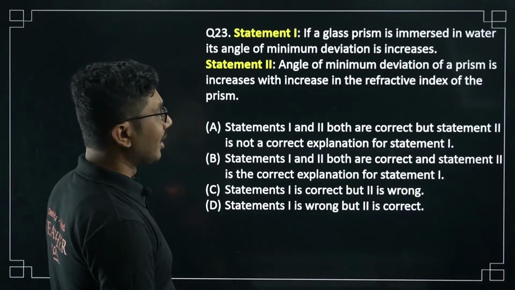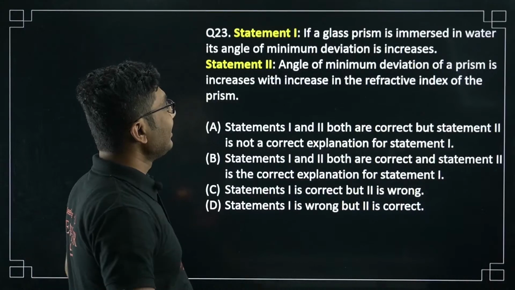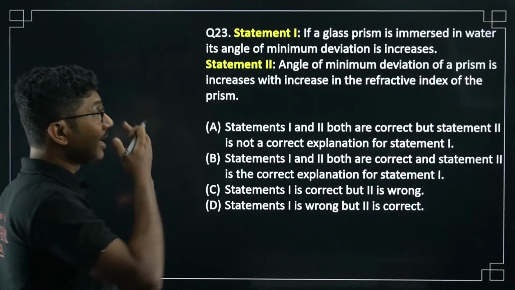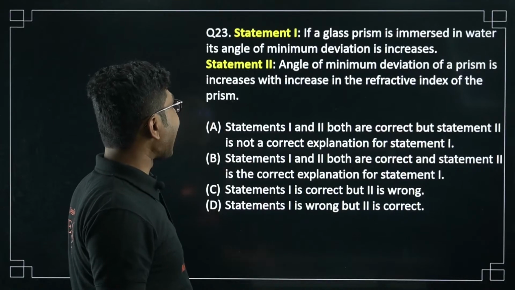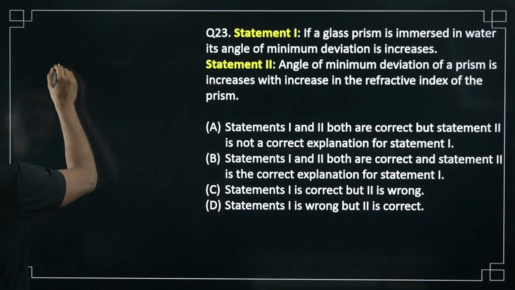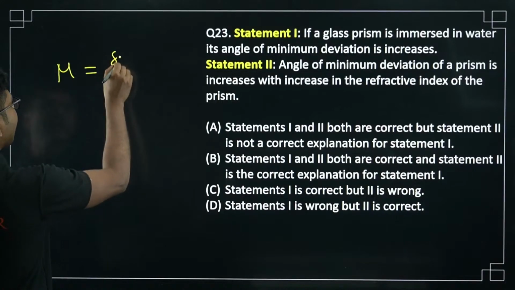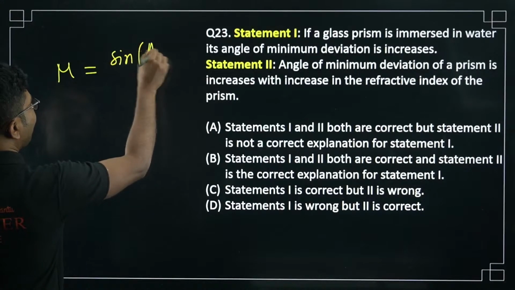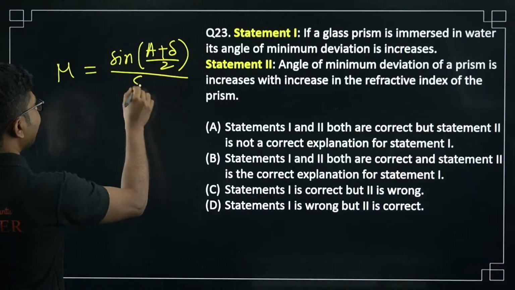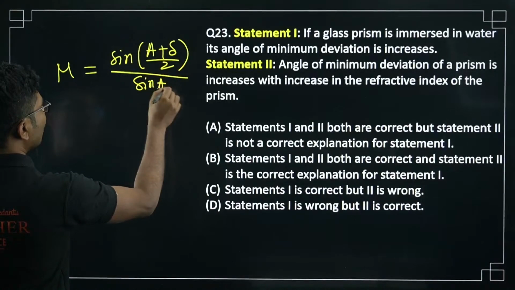Okay, so what is the question? If you immerse the glass prism in the water, its angle of minimum deviation increases. So what is the formula? Mu equals sine of (A plus delta) by 2 divided by sine A by 2.